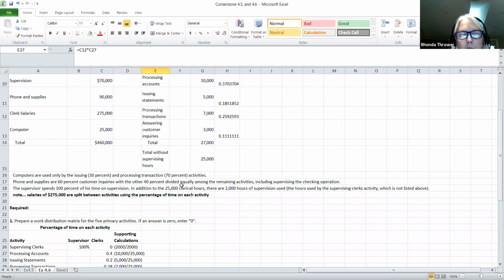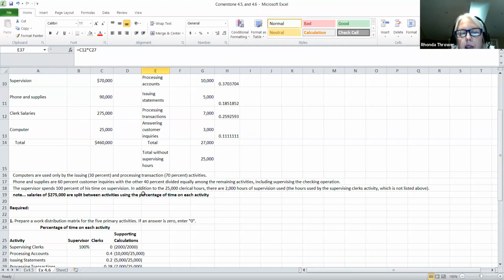So there are 4 activities there that they're dividing that remainder by. The supervisor, it also says, spends 100% of his time on supervision. So we're going to know that all of the supervisor's salaries are going to go into 100% of the supervisor's cost or the resources. All of his time is spent in supervising.